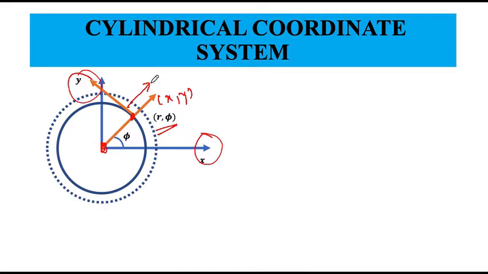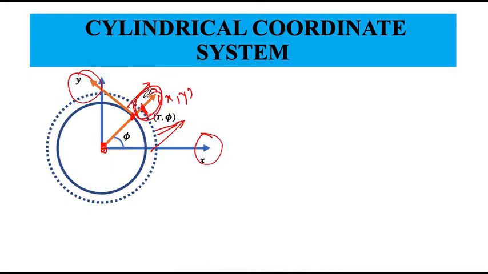So if I want to write down a circle of different radius, I will be writing down a circle like this. So the circle is actually expanding. So r is increasing in this way. So unit vector of r could also be along this particular direction. So this is the direction of unit vector r.